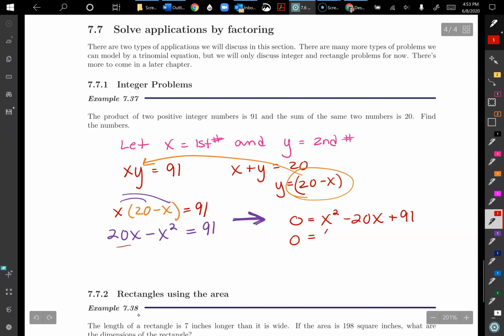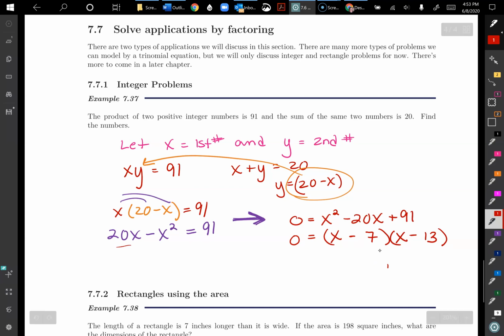So now I'm going to factor this, and this one's kind of a little bit tricky. 91's not something you typically think of a lot, but we have x, and x splits up that way, and then the factors would be x minus 7 and x minus 13. Let me just double check that minus 7x minus 13x does in fact give me that 20x I'm looking for as my middle term.